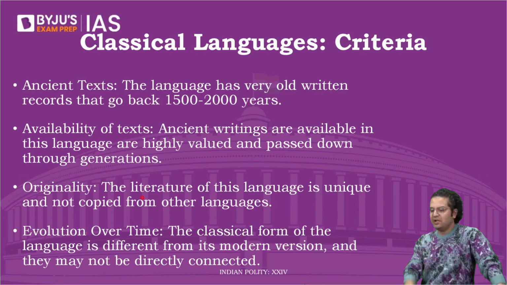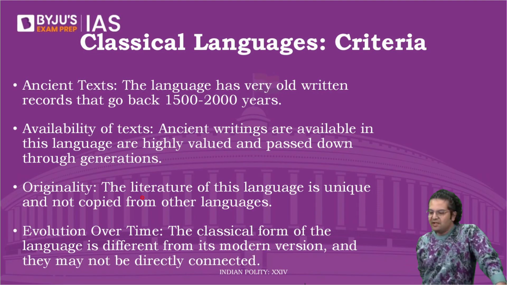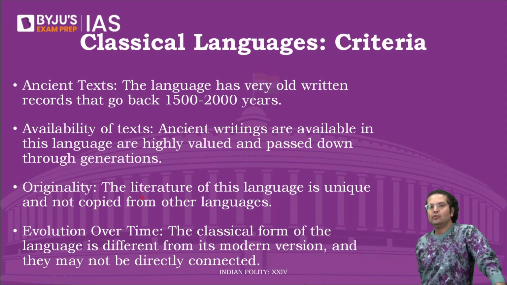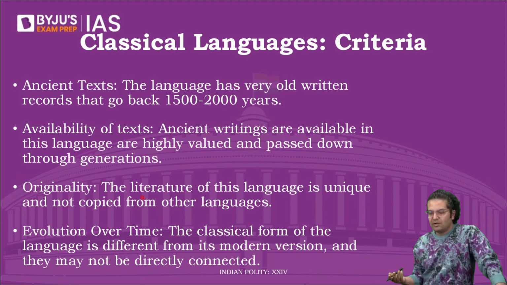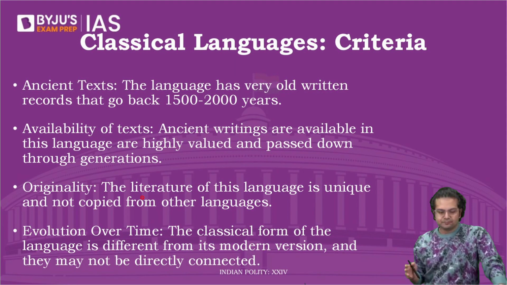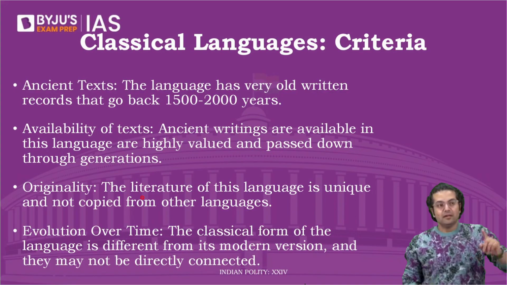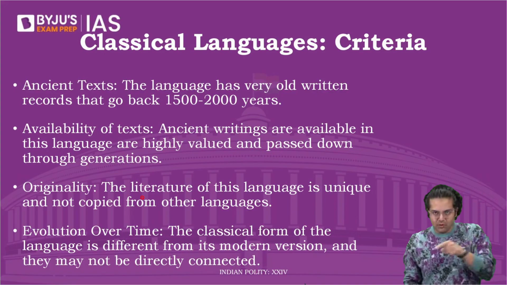I'll give you a simple example. When it comes to English, have you seen Shakespeare's Victorian English? Thou, hath it, all these dangerous kind of words which you did not understand. Now, the old or classical English is different from modern English.